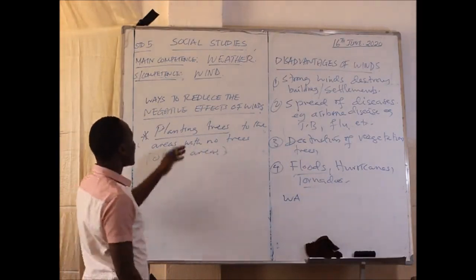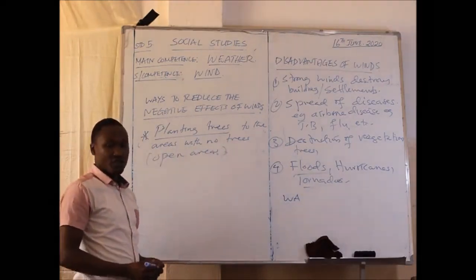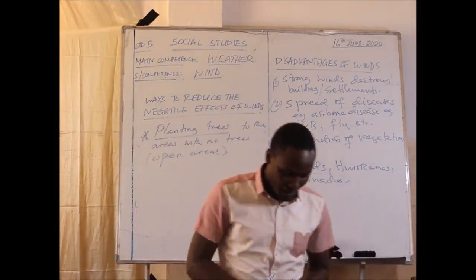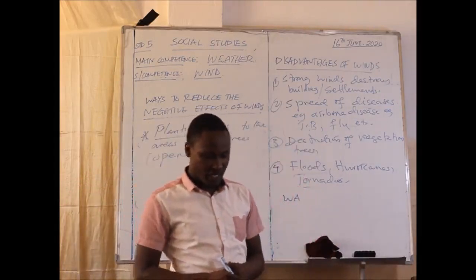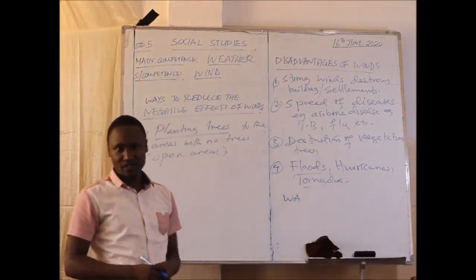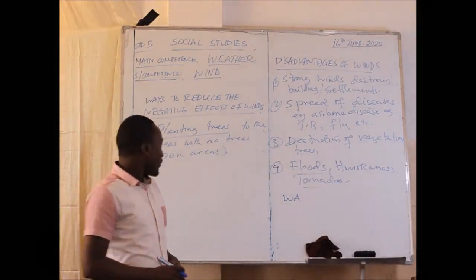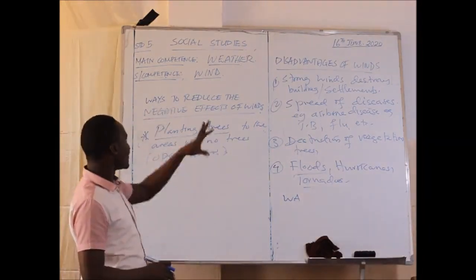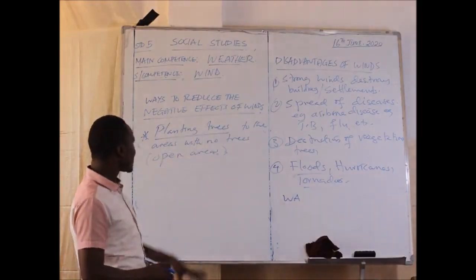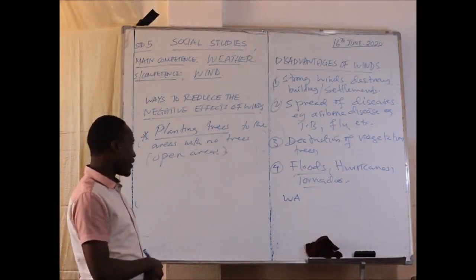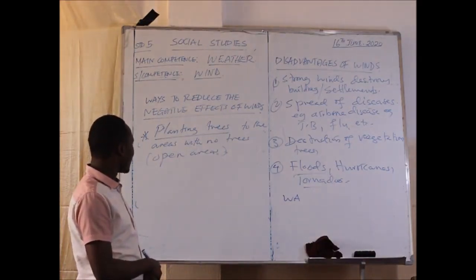So we need to plant trees to overcome this problem. This can reduce the speed of the wind as well as minimize the effects on the environment. That is about the advantages and the disadvantages as well as ways to reduce the effects of winds on our environment.